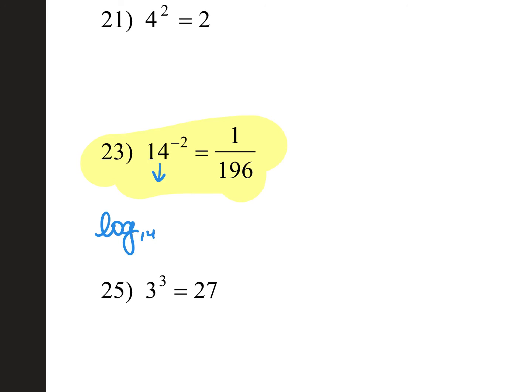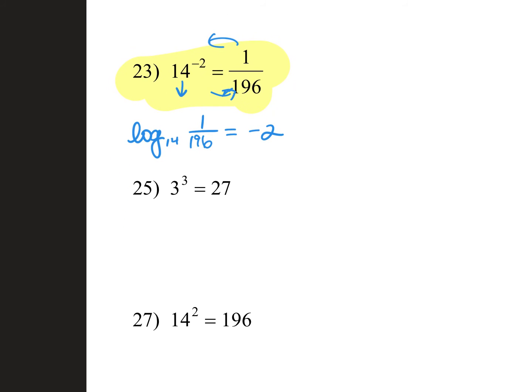And then what happens with -2 and 1 over 196? They switch places. So I have log base 14 of 1 over 196 equals -2. Do you see how the 14 is smaller than the fraction 1 over 196? Make sure you pay attention to that.